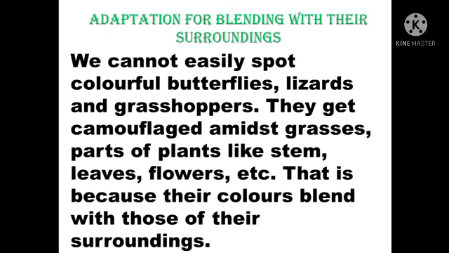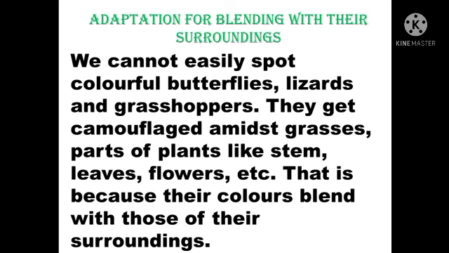Moving to the last adaptation that is found in animals. It is adaptation for blending with their surroundings. What does blending mean? The action of mixing or combining things together. Some of the animals combine with their surroundings. They change their color according to their surroundings.